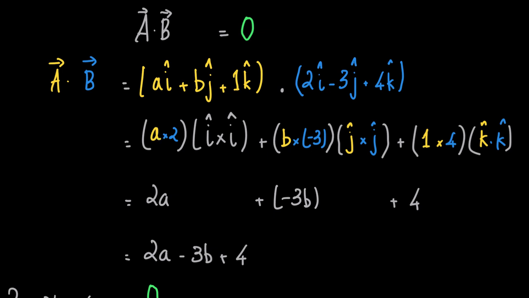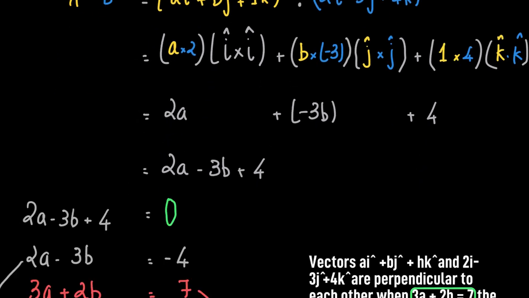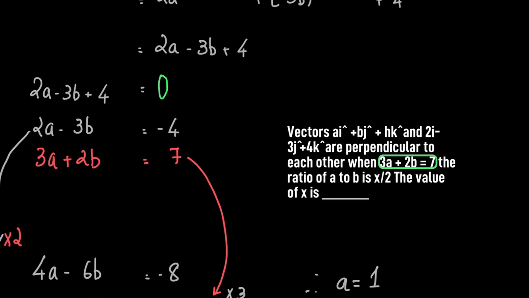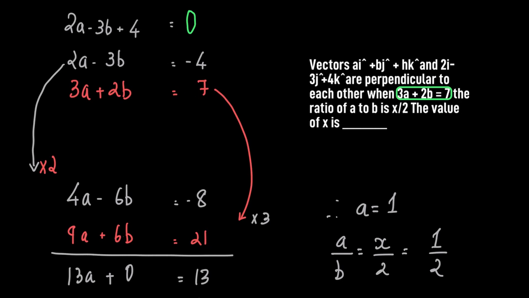Therefore, this becomes 2a minus 3b plus 4. But vector A dot B is equal to 0, which means we have 2a minus 3b plus 4 equal to 0, or 2a minus 3b equal to minus 4.